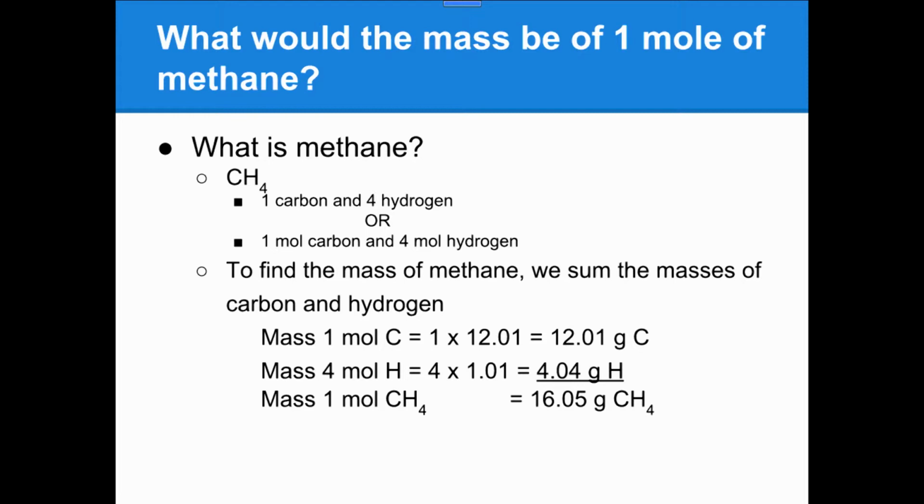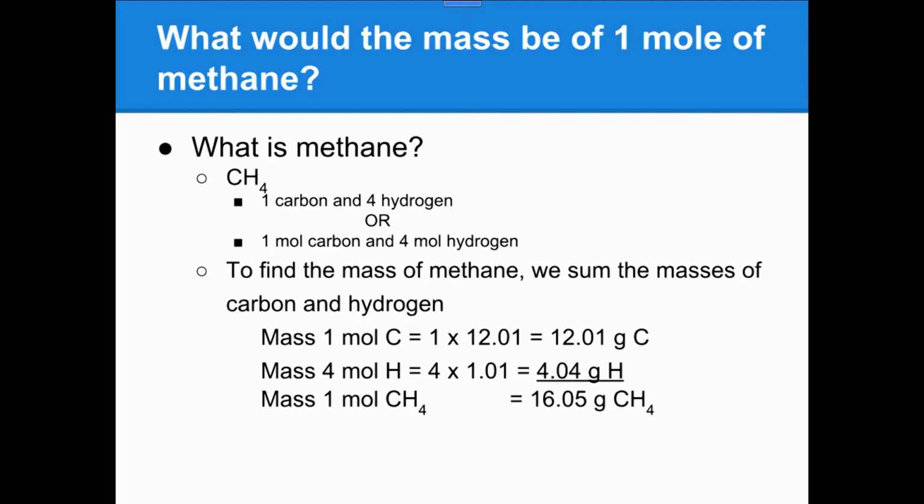It's technically 1.008, so I'm rounding it to 1.01, multiplying it by 4 because that's how many I have, and I get 4.04 grams of hydrogen. And then I add those two together to figure out the total mass of methane. So 12.01 added to 4.04 gives me 16.05 grams of methane.